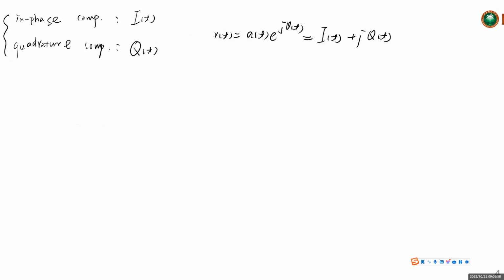So we get the complex envelope of the transmitted signal.